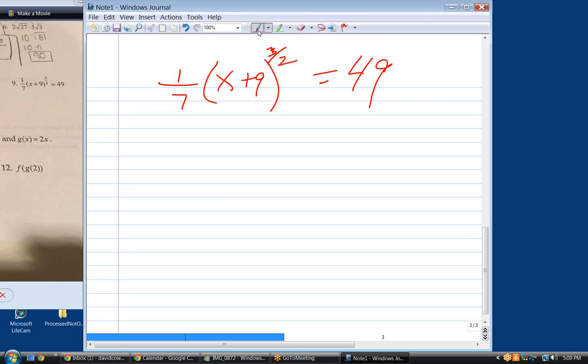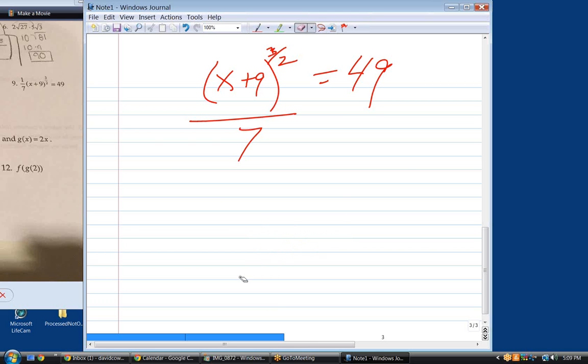In other words, what's happening is this is being divided by 7 right now. That's what 1/7 in front means. So I got to get rid of that 7. So let's multiply both sides by 7. Now, it turns out that that's the same as dividing by 1/7. When you divide by 1/7, you flip and multiply.